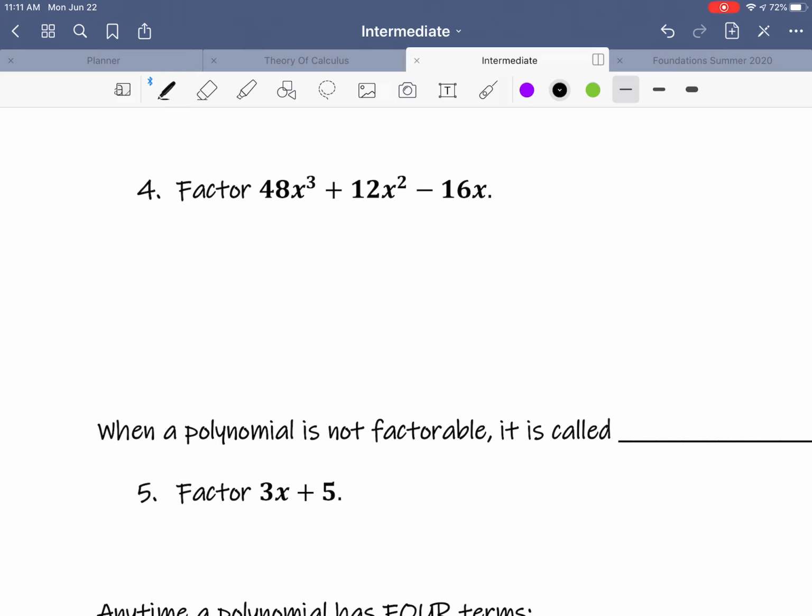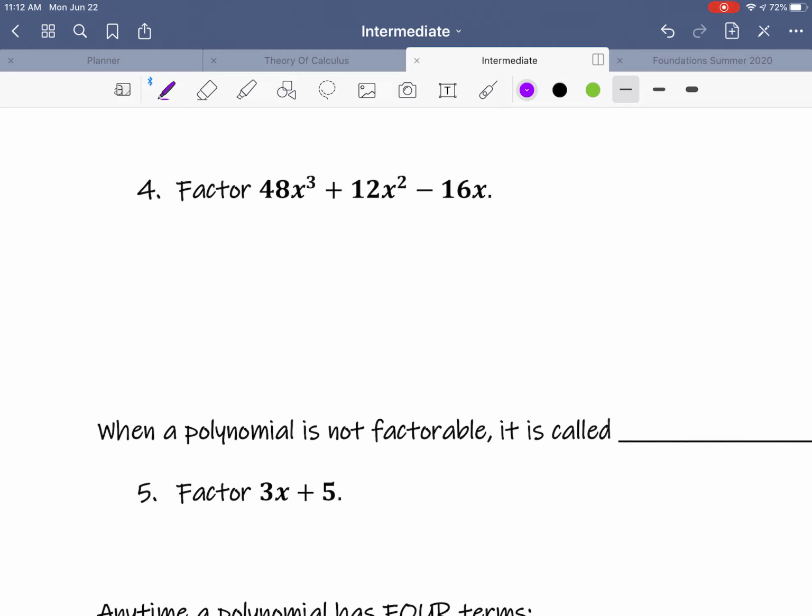So let's think common sense. Do 48, 12, and 16 all divide by a number? Yes, they all divide by 2, right? Yes, they do all divide by 2, but that's not the largest number. So let's go further. What's another number that they might all divide by?